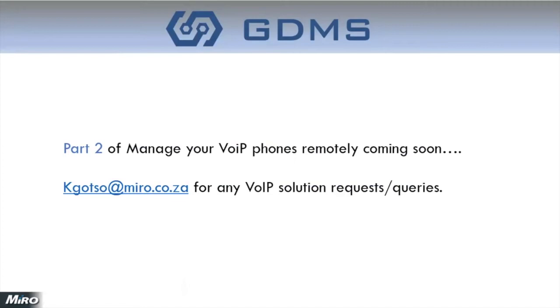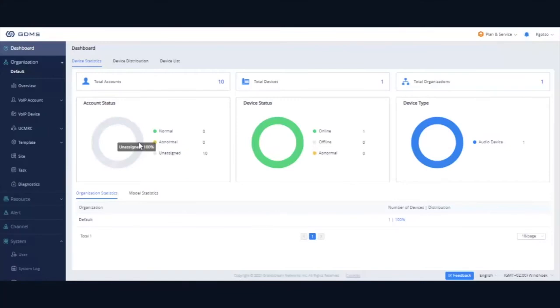And those of you who haven't yet opened a free GDMS account, if you are using any Grandstream equipment at all for VoIP, please try opening a completely free account on gdms.cloud and add 1 or 2 devices, and then you will be able to see exactly the type of utilities that we are dealing with on managing our IP phones remotely.